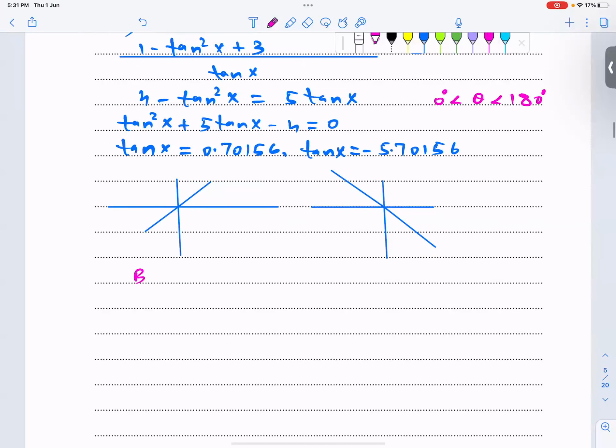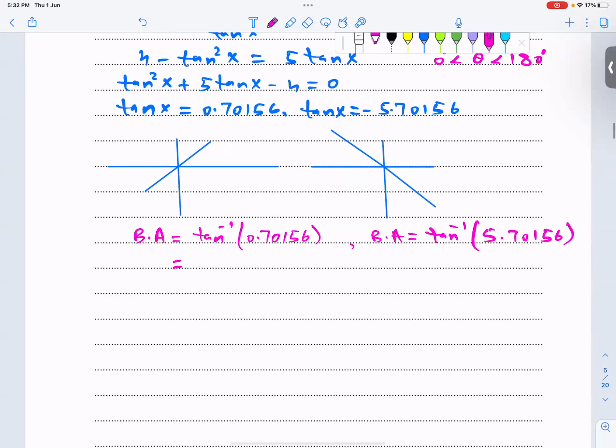Now the basic angle, BA stands for basic angle, will be tan inverse of 0.70156 for the first one. For the second one, the basic angle is this angle with the negative x-axis. For the basic angle you just ignore the negative sign, so you will just write tan inverse of 5.70156.